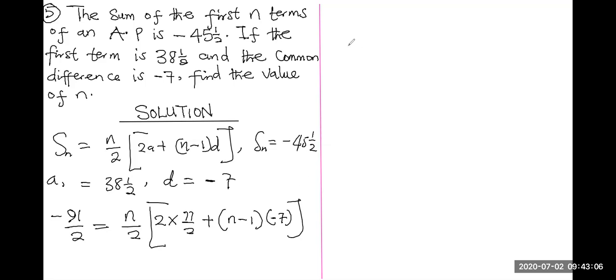So you end up having minus 91 over 2, all right, equals to n over 2 into 77. Of course, these two, we cancel these two here. Then you now expand with minus 7. Of course, minus 7 times n will give us minus 7n. All right, and minus 7 times minus 1 will give us plus 7. All right, so we have plus 7 here. Okay, so this is what we have.